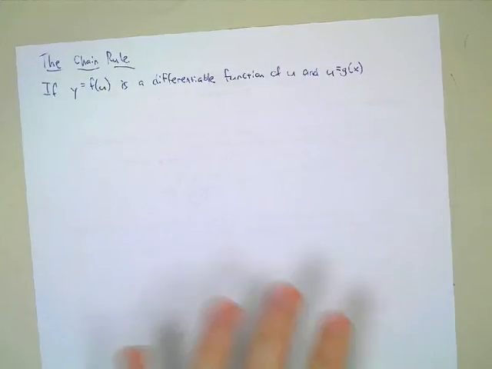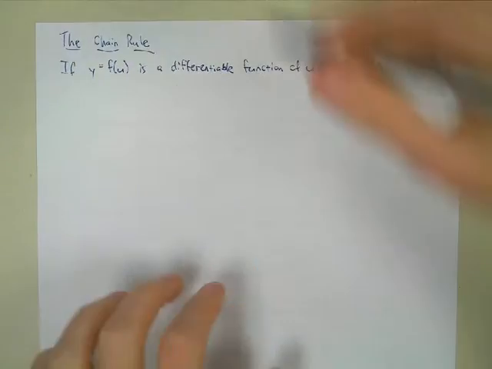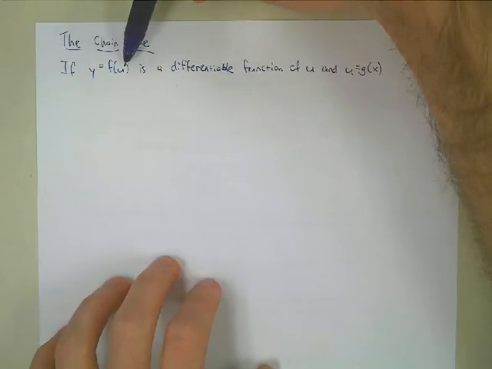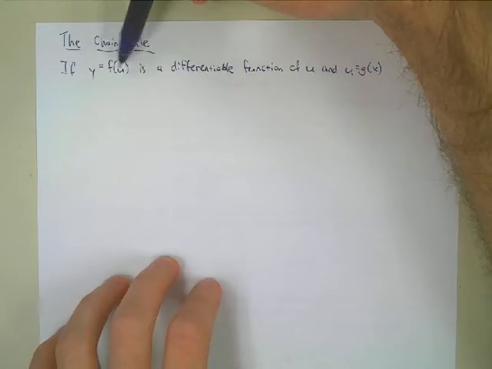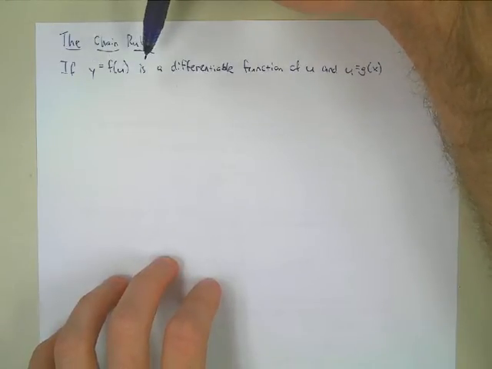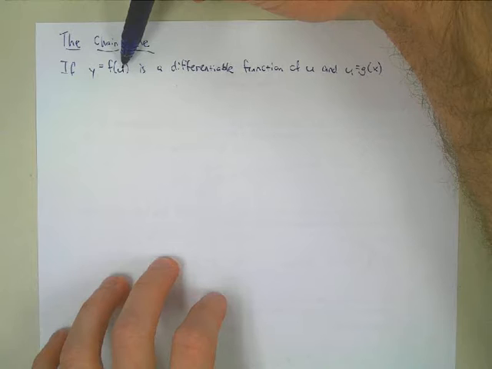So really, instead of writing y equals f of u, equivalently, I could write y equals f of g of x. I can put the g of x inside the function f there.